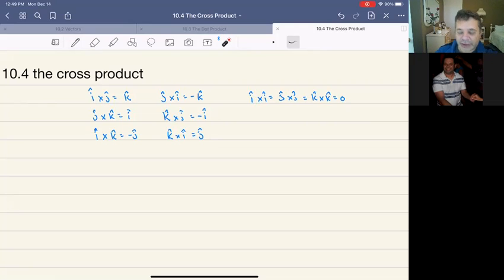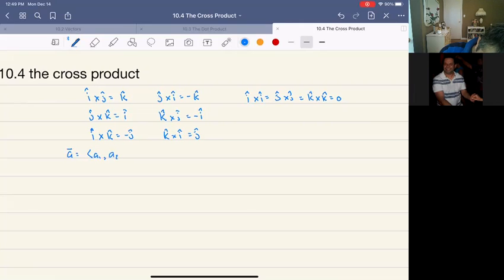Okay? Now, in general, let's say you have the vector A being A1, A2, A3, and a vector B being B1, B2, B3. We could think of this, of course, as being A1i plus A2j plus A3k.